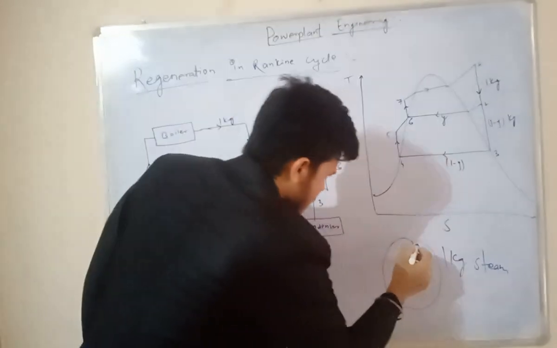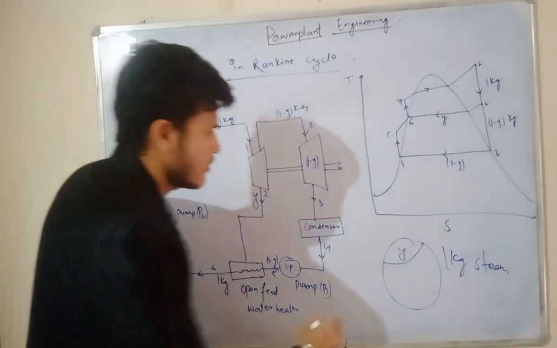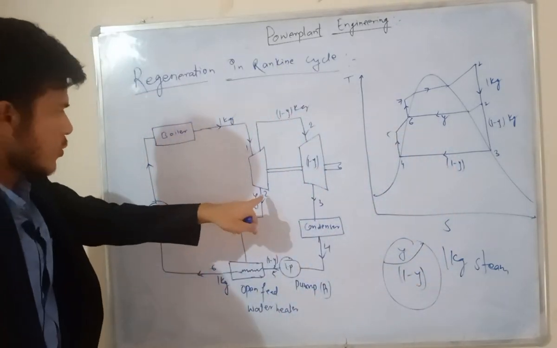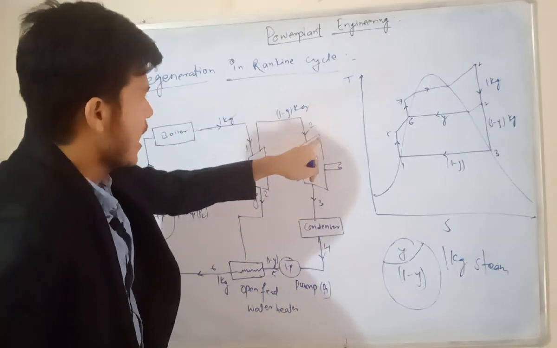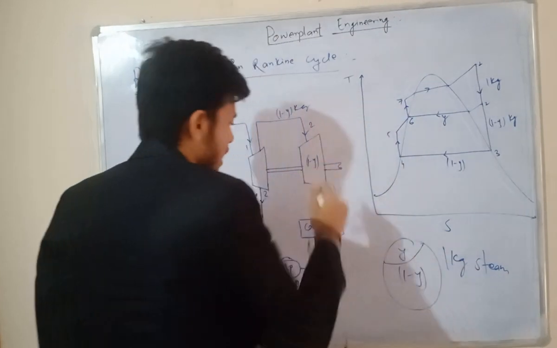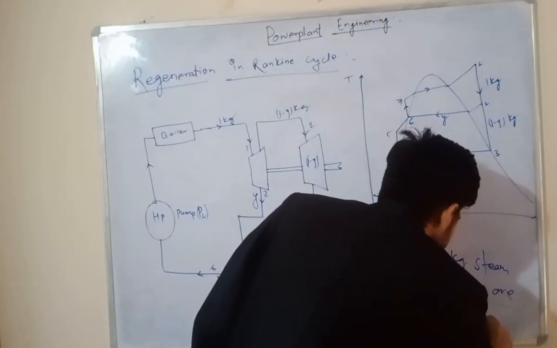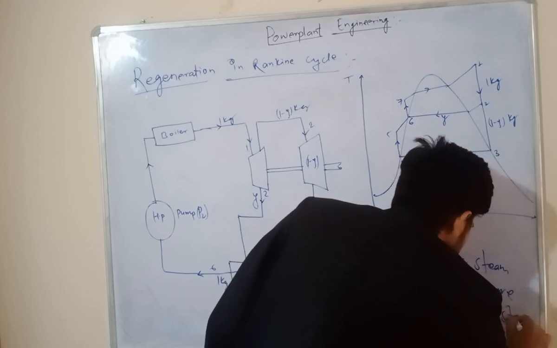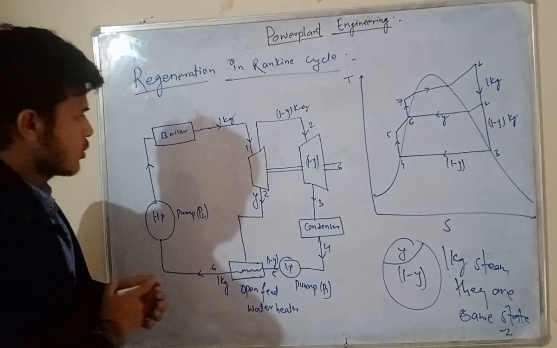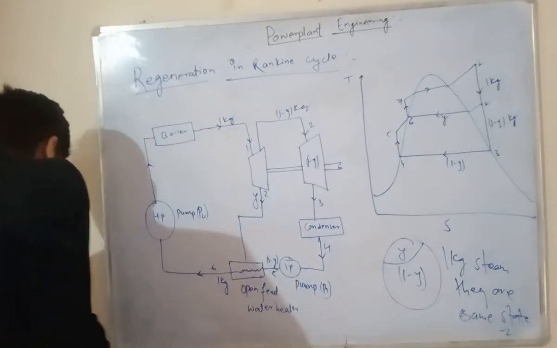Now how much do we have remaining? 1 minus y. So in this case, the y and 1 minus y are at the same state. That's the reason we are writing 2 here and 2 here also.